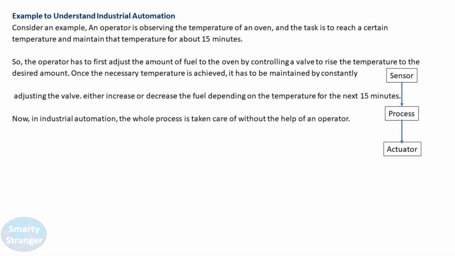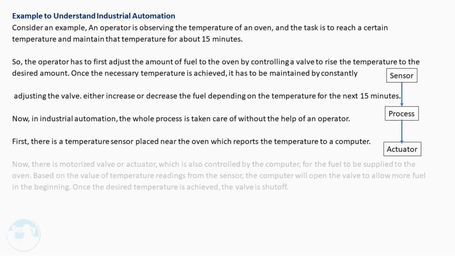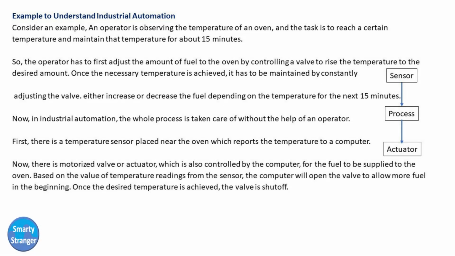Now, in industrial automation, the whole process is taken care of without the help of an operator. First, there is a temperature sensor placed near the oven which reports the temperature to a computer. Now, there is a motorized valve or actuator, which is also controlled by the computer, for the fuel to be supplied to the oven.